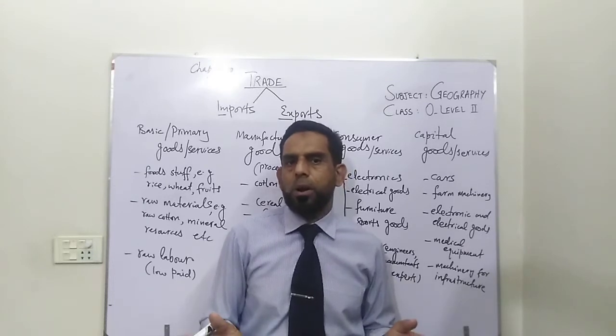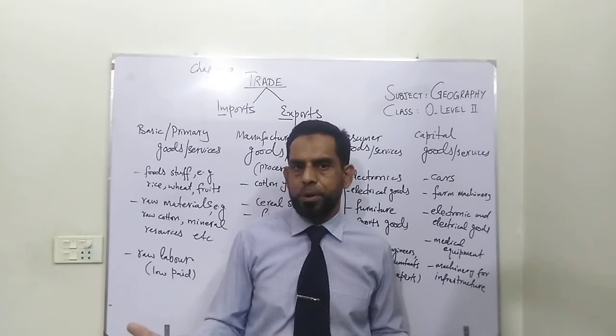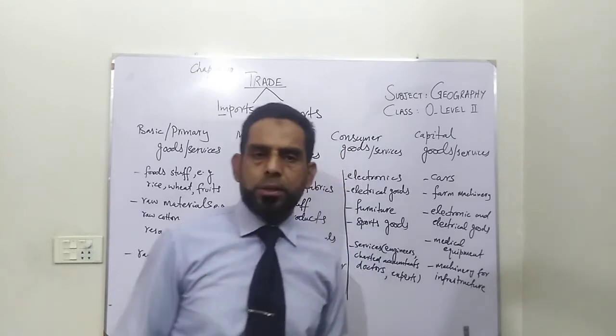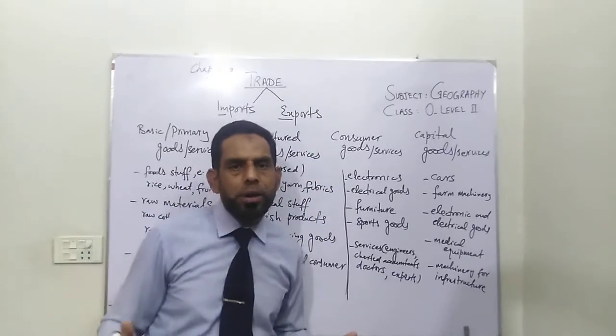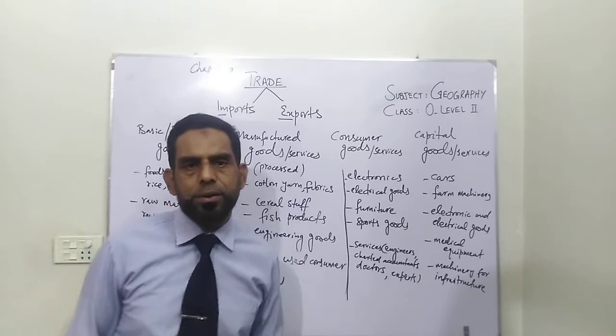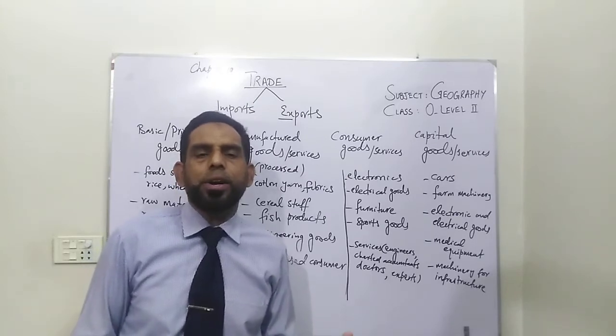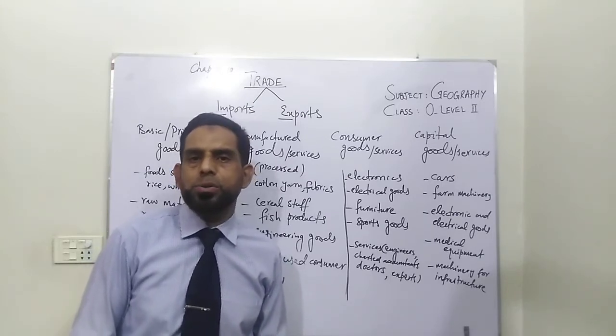However, we have a lot of talent and potential which is to be further developed. If we give more attention to our educational sector or training sector, we'll be able to provide value-added services and value-added goods also.